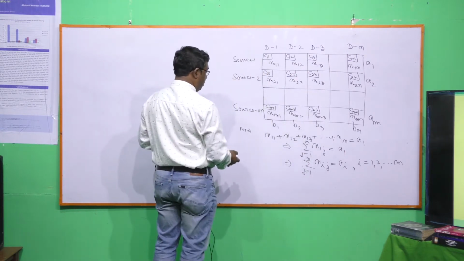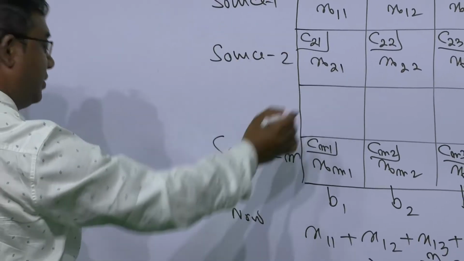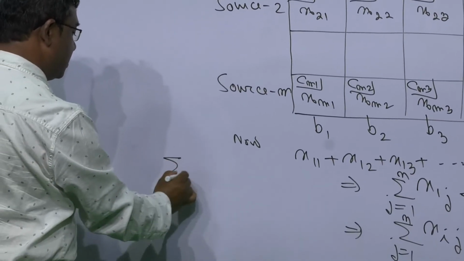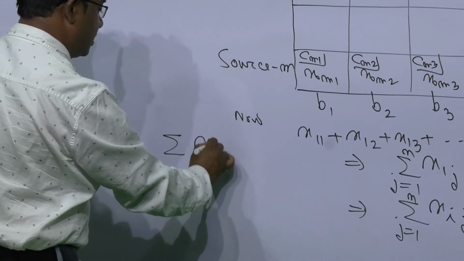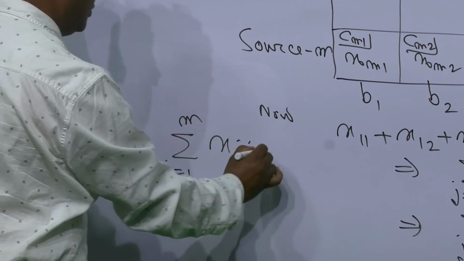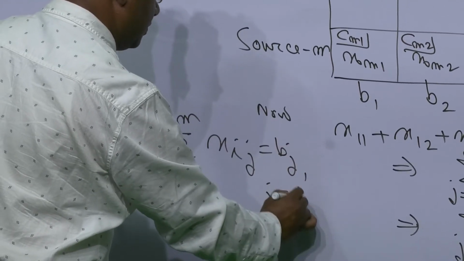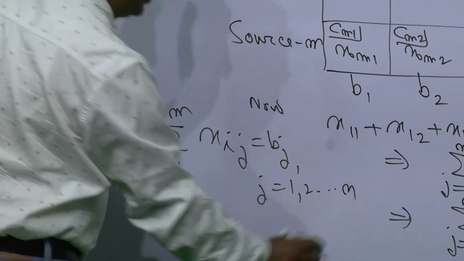Similarly, we can define it column wise. Column wise we can denote it as summation Xij, i goes from 1 to m, equal to Bj, j equal to 1, 2, 3 up to n.